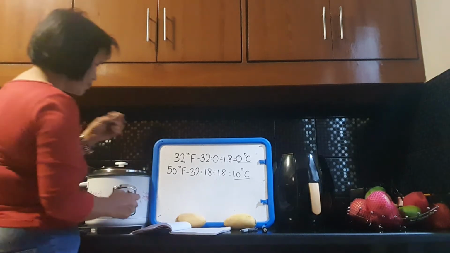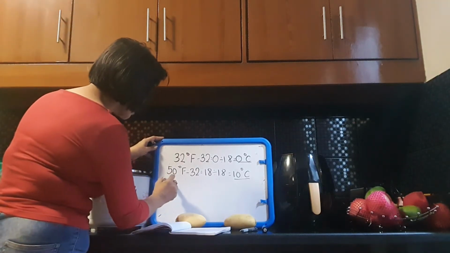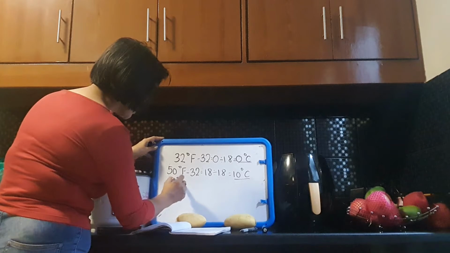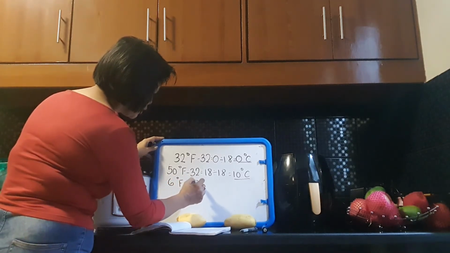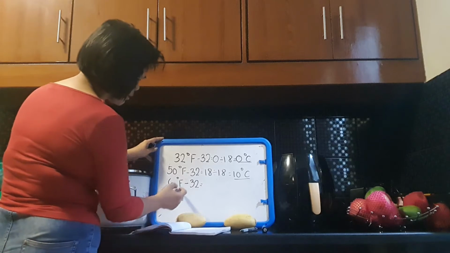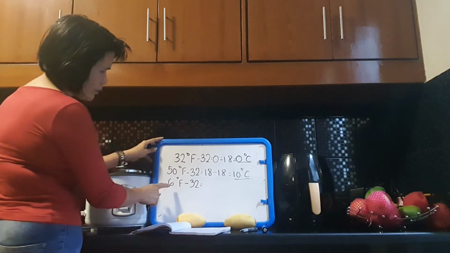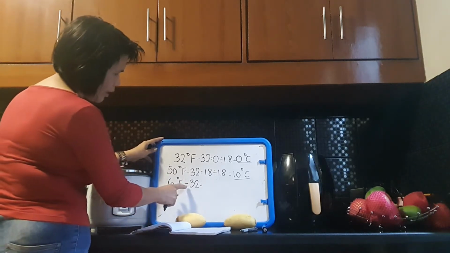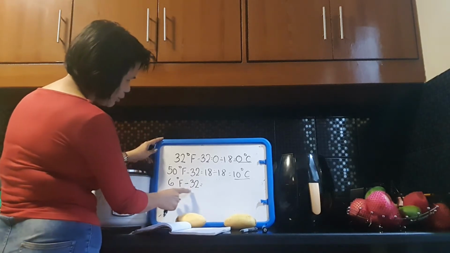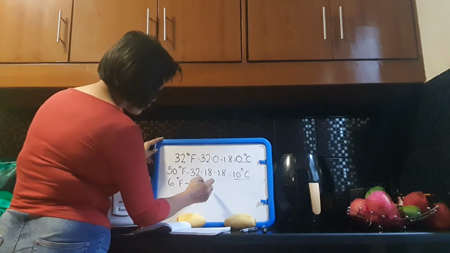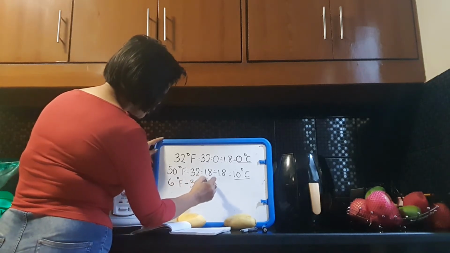Next, one more. If you have 6 degrees Fahrenheit, subtract 32. So 6 minus 32: this is positive 6 minus 32, that would be negative 26.